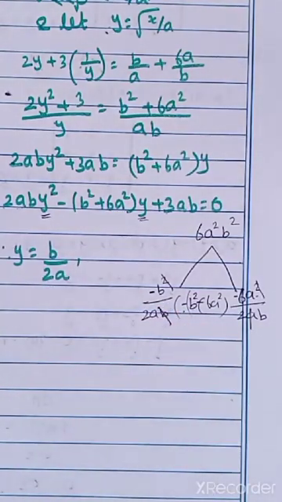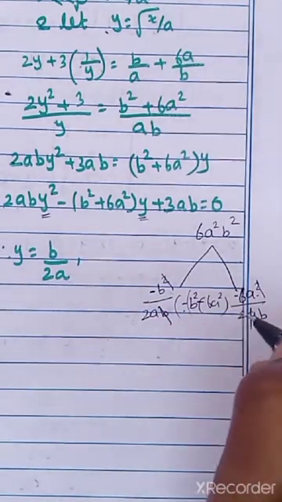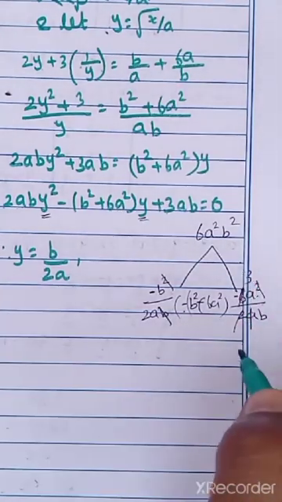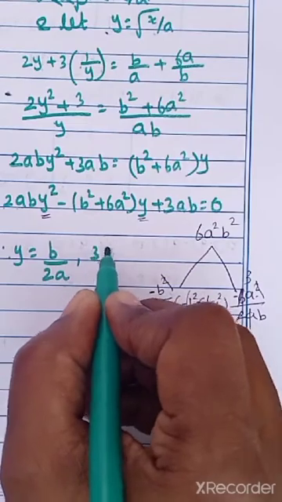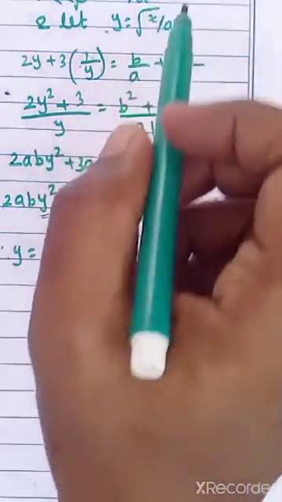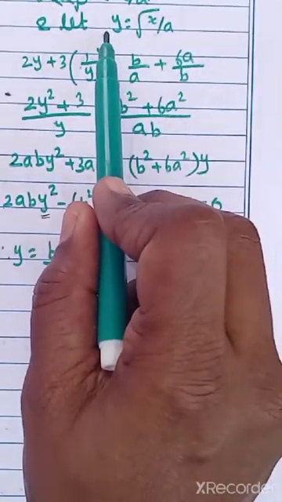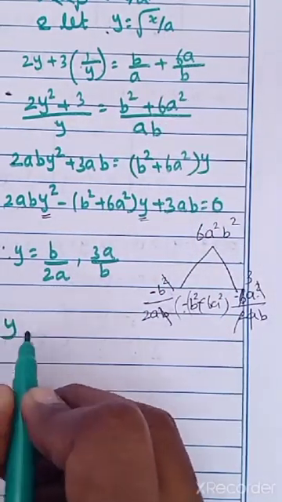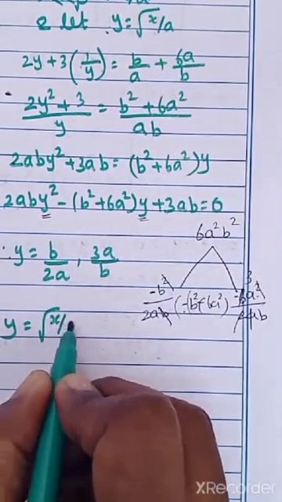Again here, 1 2s to 3 2s are 6. Again here 3a by b, since minus, so plus, 3a by b. Correct? Now what is the question? It is given, what we have taken is y equal to square root of x by a. Correct? So y equal to square root of x by a.